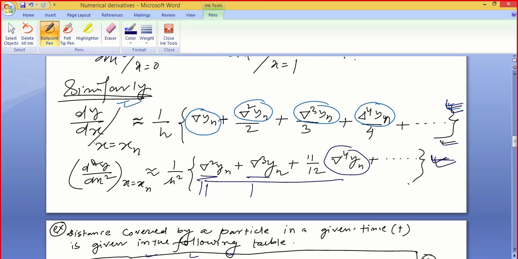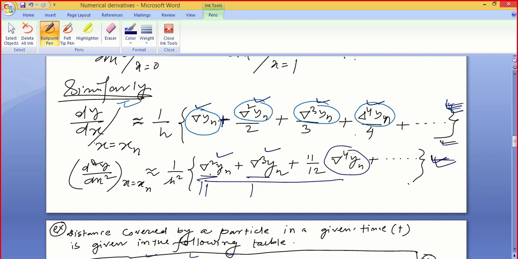You have to use the backward difference operator, but in the calculation the difference table is same. Backward difference operator means these values are the lower diagonal elements of the difference table. Formula structure is same. Outside 1 by h for the velocity, first derivative, and acceleration, double derivative, outside 1 by h square multiplied, starting from second difference, third difference plus 11 by 12 fourth difference.